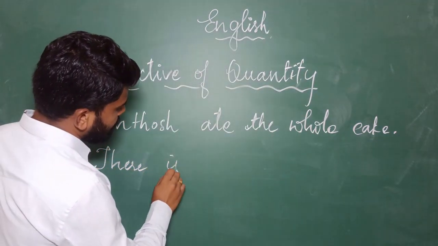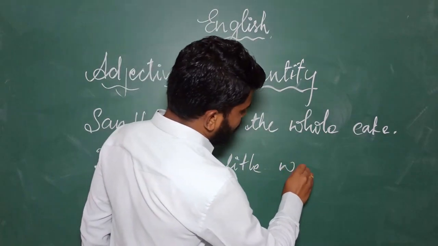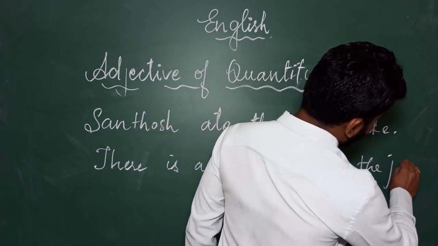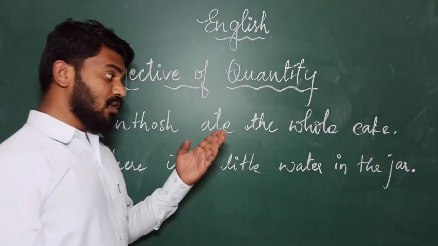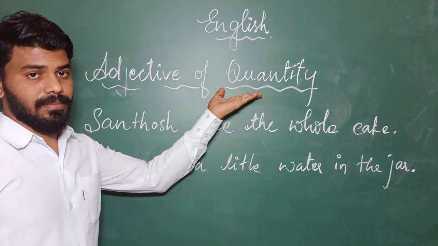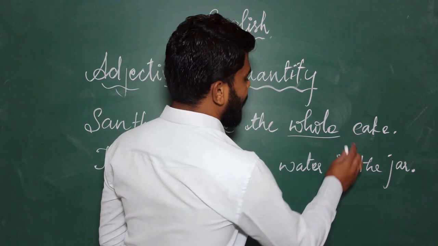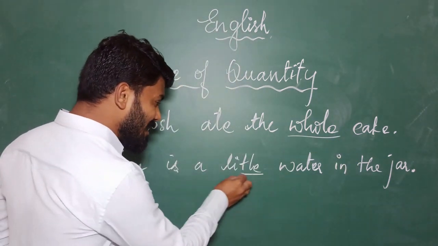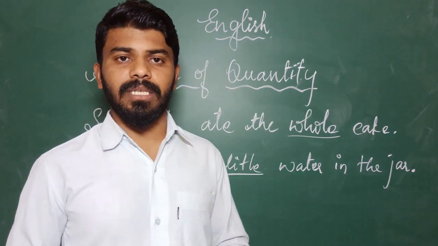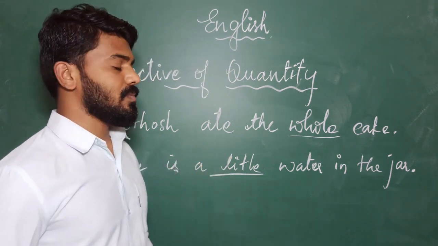There is a little water in the jar. Here are two sentences which tell the quantity. How much of the cake? The whole cake. How much of water? Little water, a little amount of water. The adjective of quantity tells how much of the noun there is.